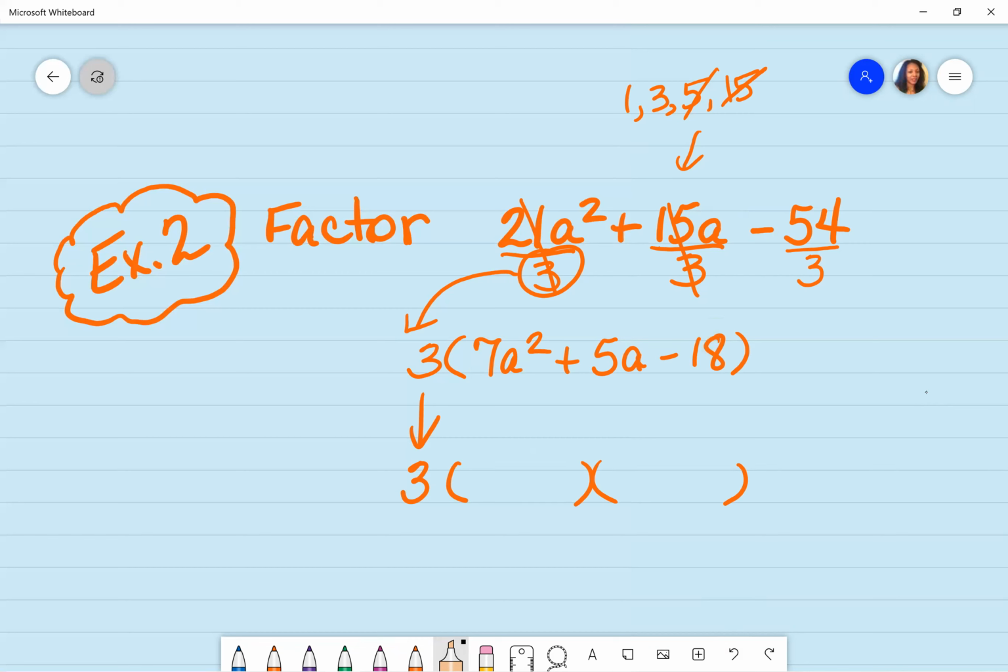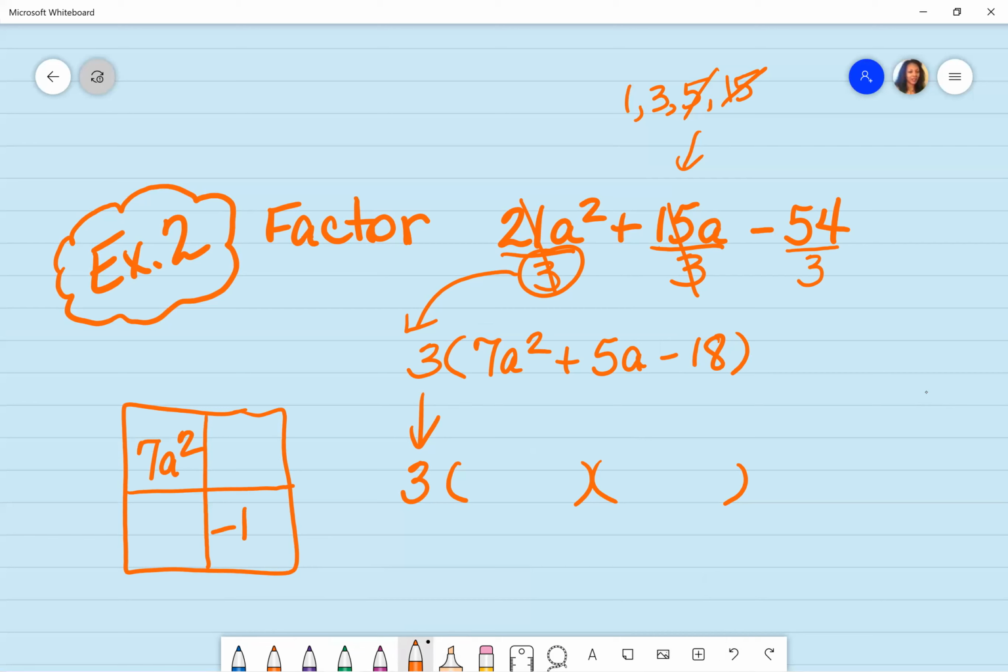Or I can go ahead and start my box over here. I'm going to have 4 boxes. My first term, like I said, is now 7a squared. It is not that 21a squared. 7a squared. And my last term is now negative 18. And I'm multiplying those 2 together.